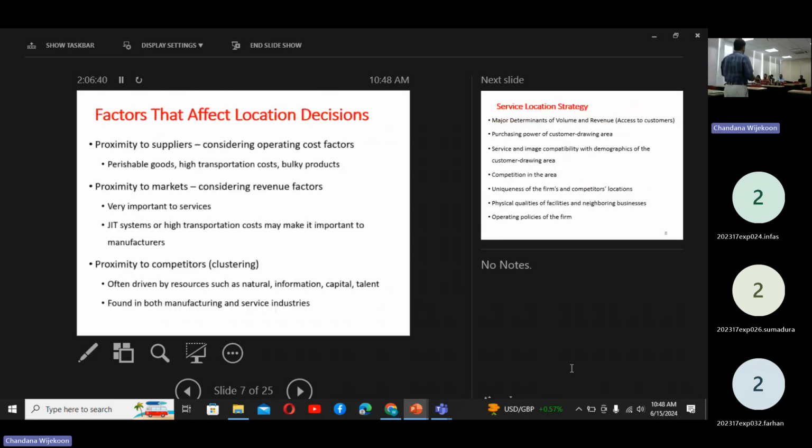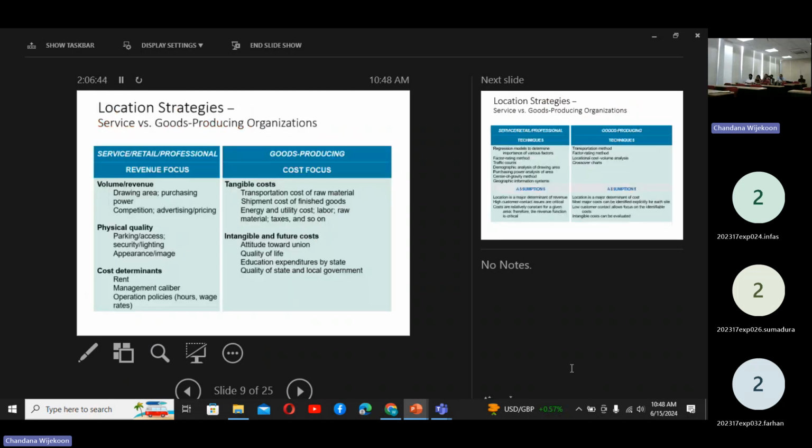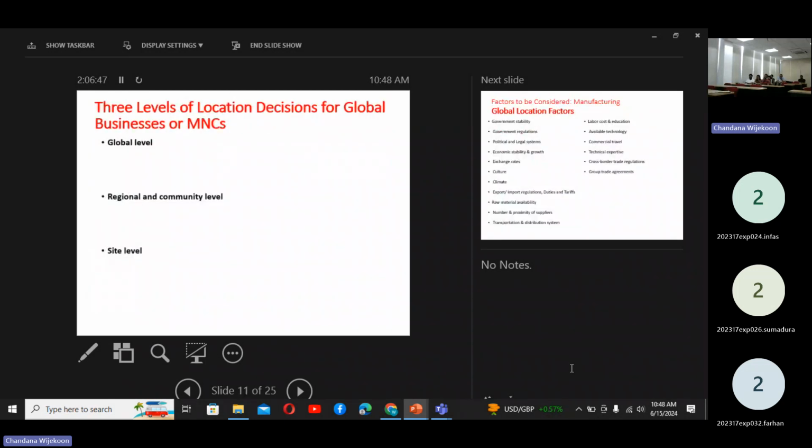Multinational companies, when thinking about their factories and locations, need to consider various factors, right? So from this slide onwards, we try to identify what those factors are. We call it three levels applicable for multinational companies or global businesses when they select locations. One at the global level, that means various continents and regions they should consider.